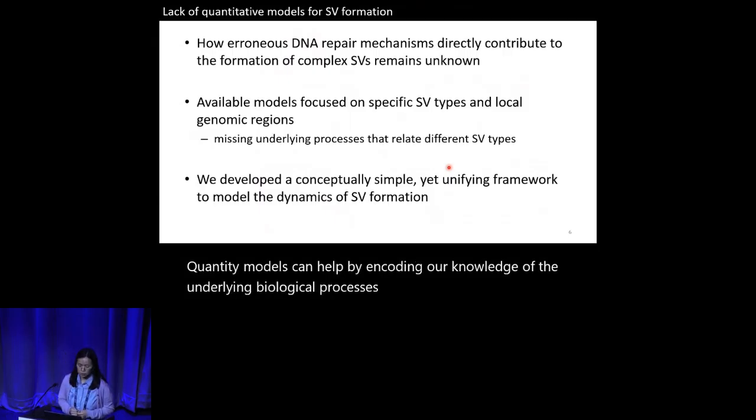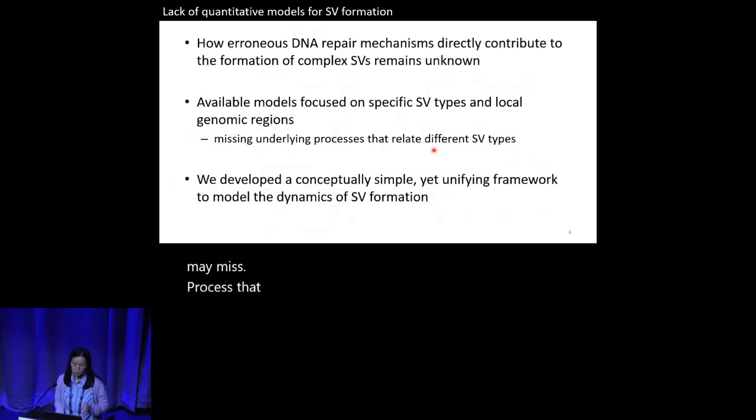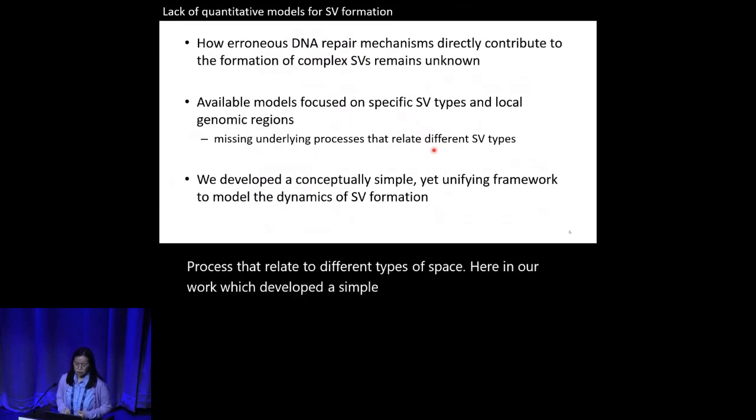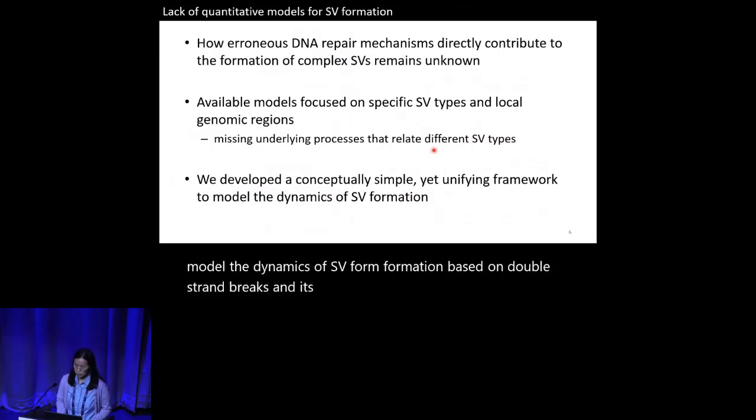The current models mostly focus on specific SV types and local genomic regions, so they may miss underlying processes that relate to different types of SVs. Here in our work, we developed a simple yet unifying framework to model the dynamics of SV formation based on double-strand breaks and its repair via NHEJ.